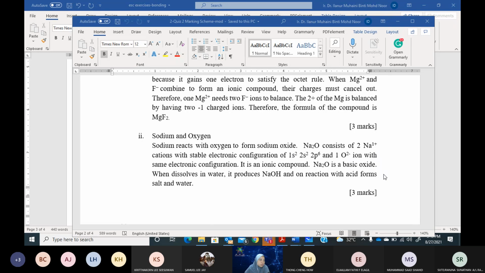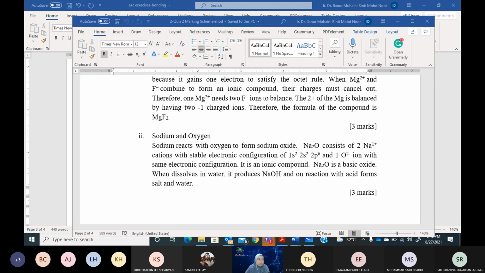Na2O is a basic oxide. When dissolved in water, it produces NaOH, and on reaction with acid forms salt and water. If you have all the information in the paragraph here, your full marks will be 3 marks.